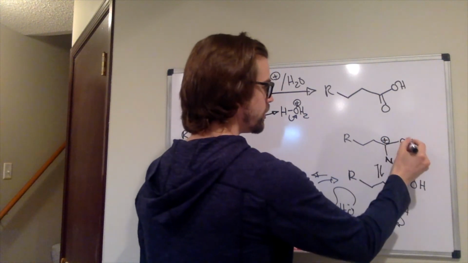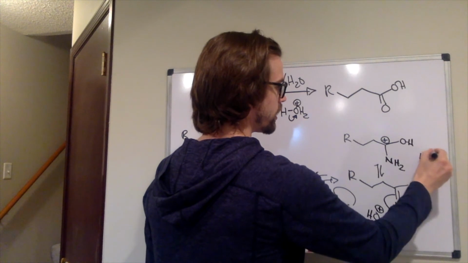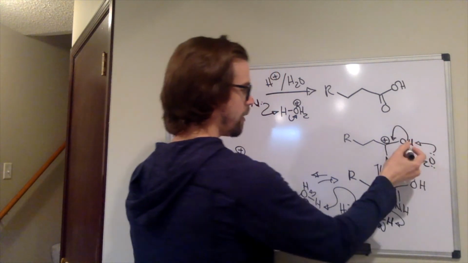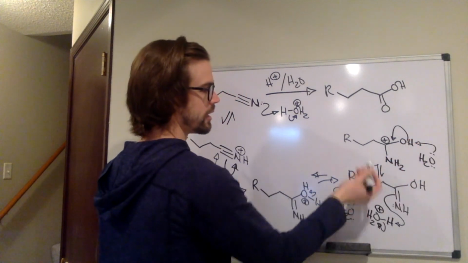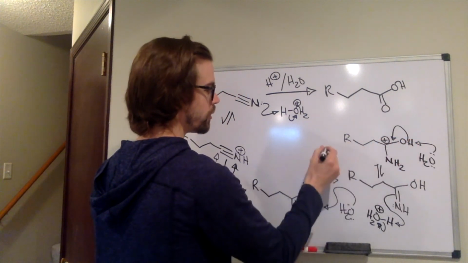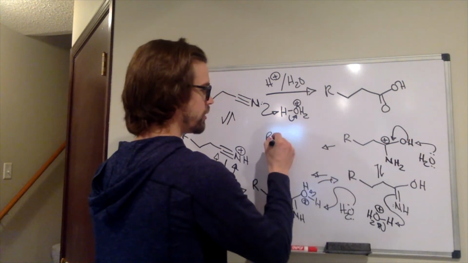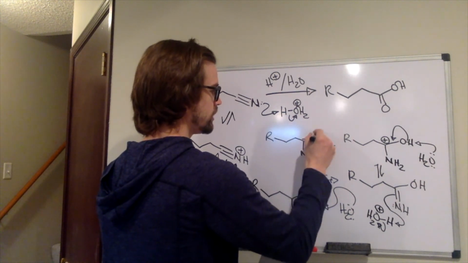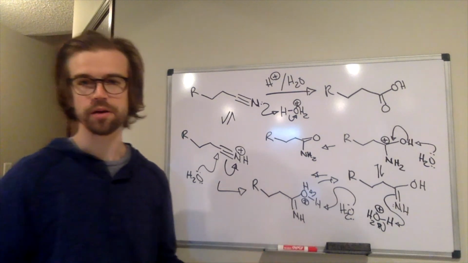At that point, we know that water can again deprotonate, and that would allow those electrons there to be used for the new pi bond, which again generates our amide that we talked about a moment ago.